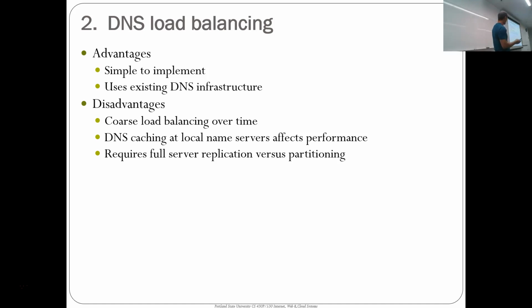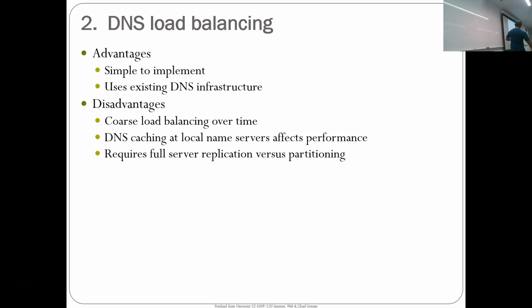You don't get per request load balancing where you can take a request and send it to the least loaded server. If you just got unlucky and had a whole bunch of people going to the same server, you can't move them off of that IP address. That IP address is cached for 15 minutes at least. So you don't have very fine-grained control over the load.